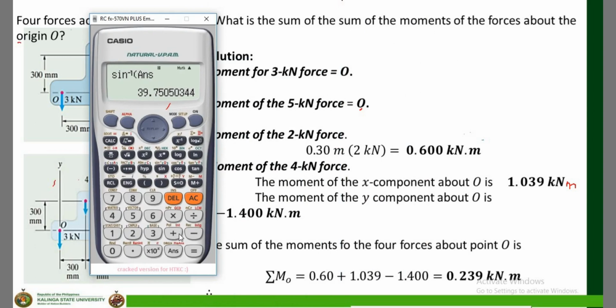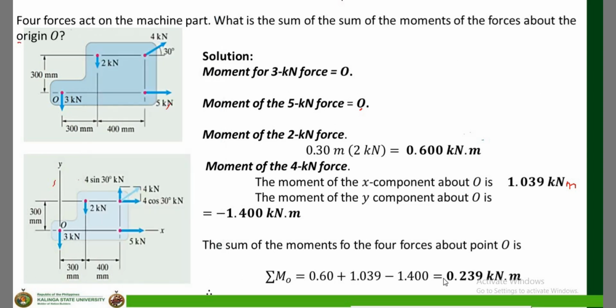So, 0 plus 0 plus 0.6 plus 1.039 minus 1.4 is equal to 0.239 kilonewton meter.